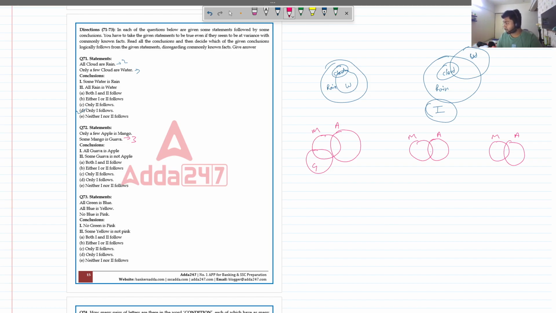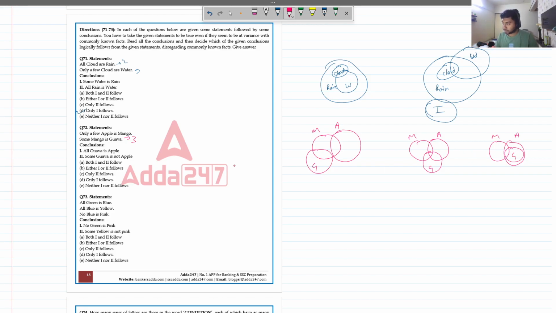Or guava can be where some mango is guava and some apple is guava. Another possibility is where some mango is also guava, but all guavas are apples. So these are the three possible scenarios.